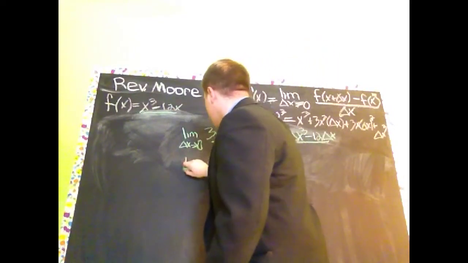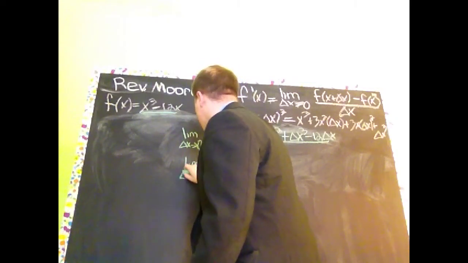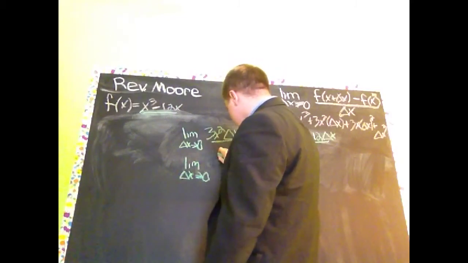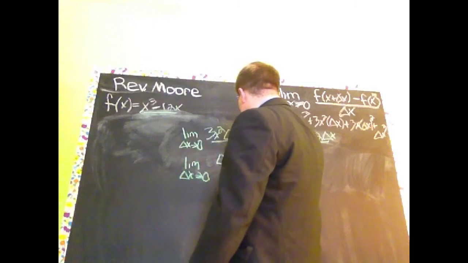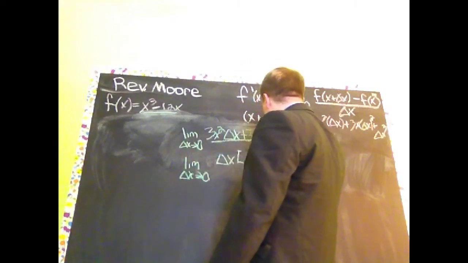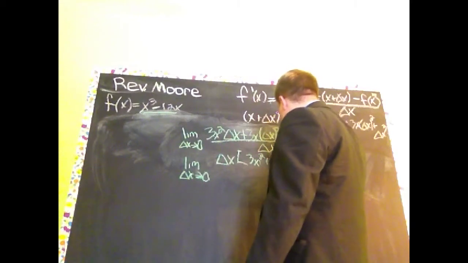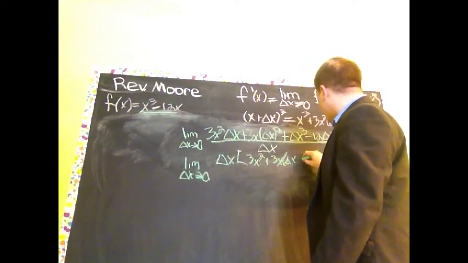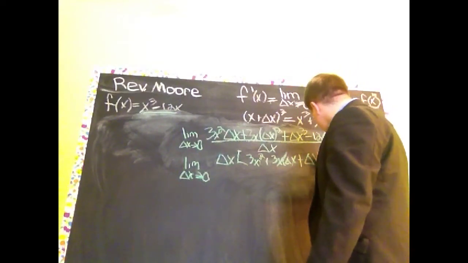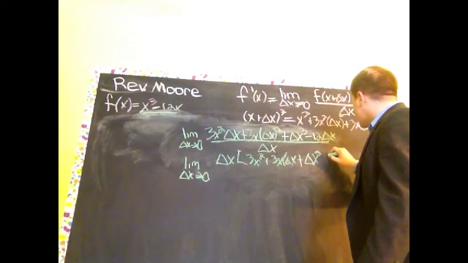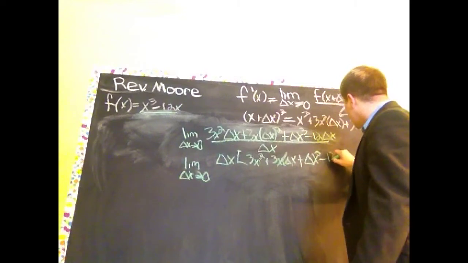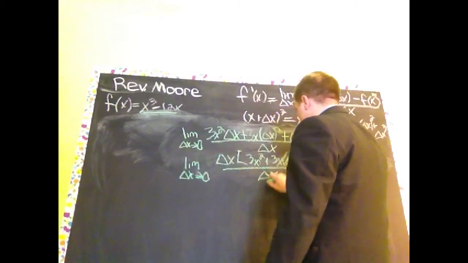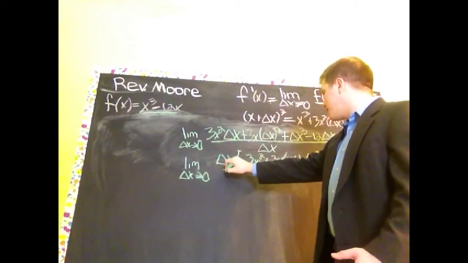So we have the limit as delta x approaches 0 of delta x times 3x squared plus 3x times delta x plus delta x squared minus 12, all over delta x. Now what you can see is you can divide out a delta x right here.